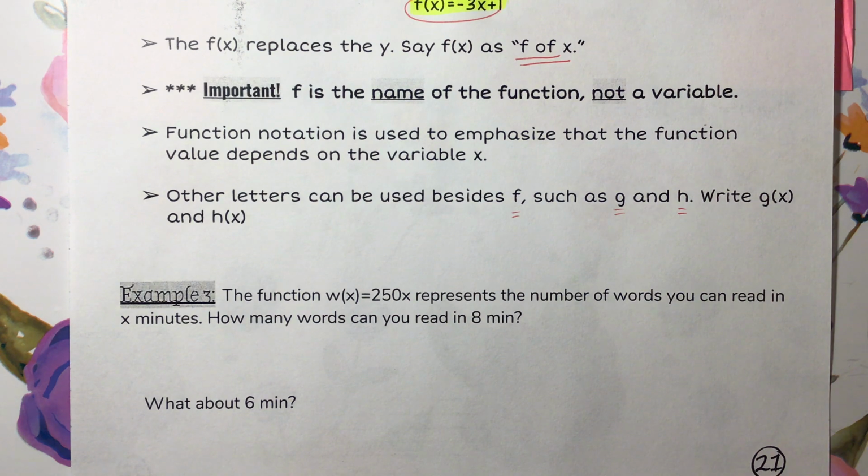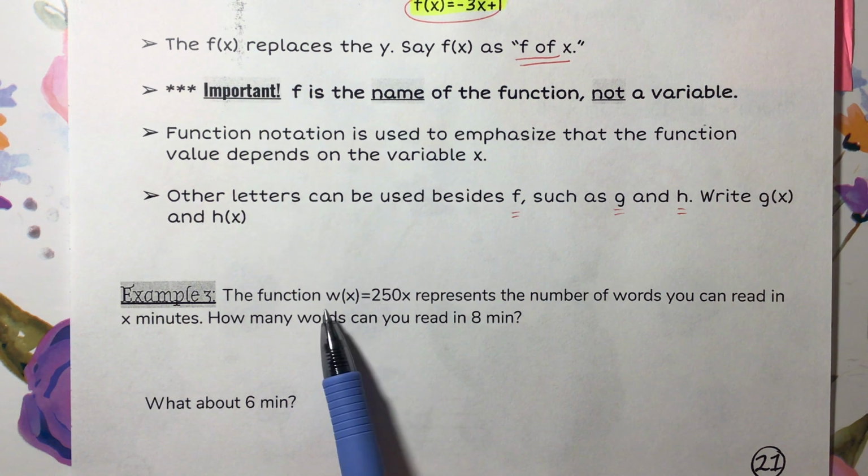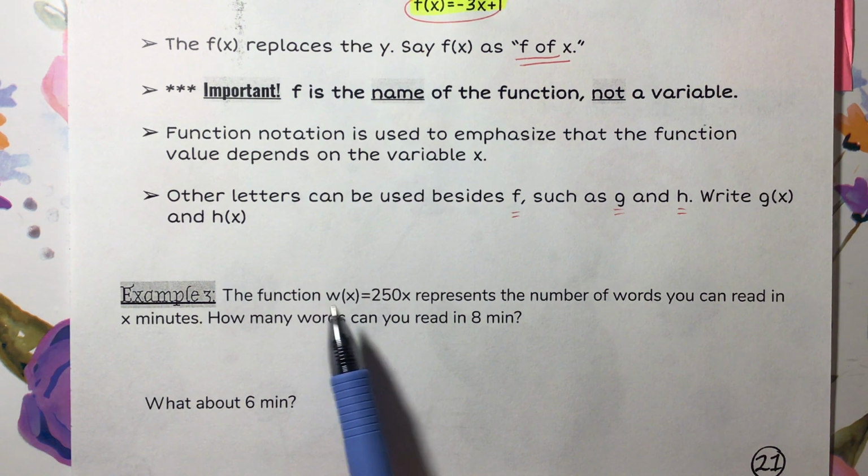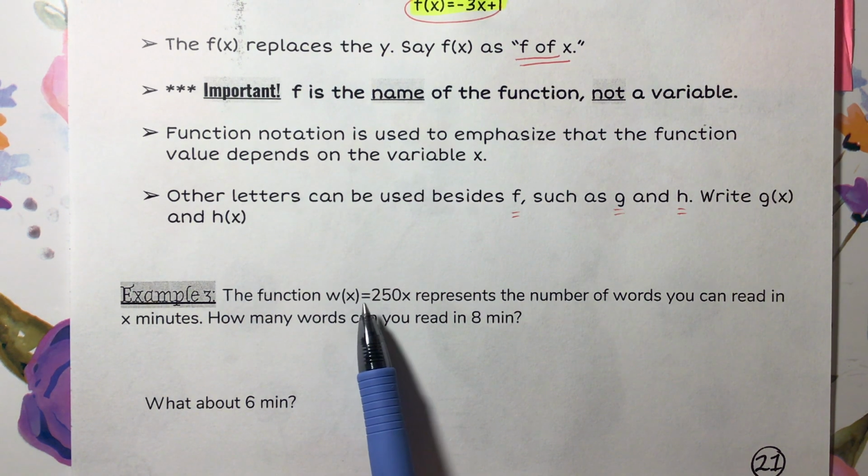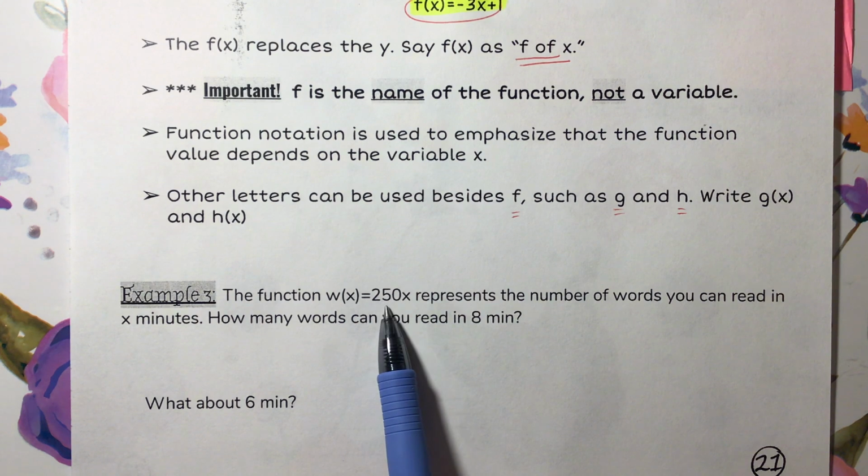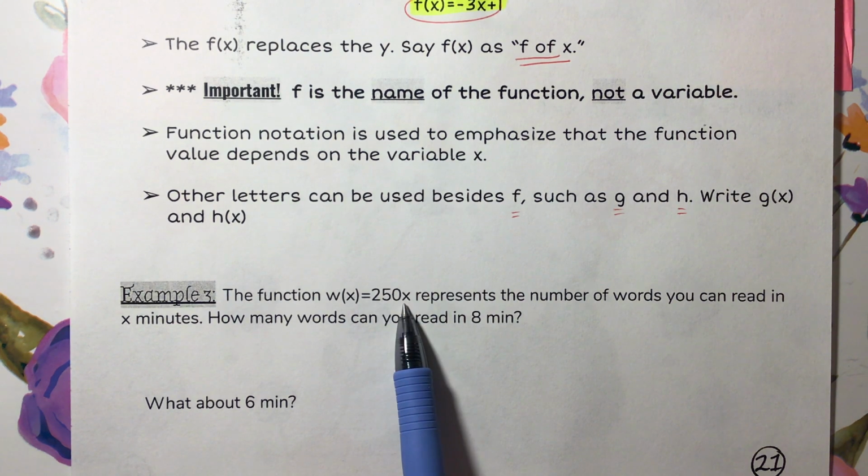So let's go ahead and look at example 3. It says the function w of x is equal to 250x represents the number of words you can read in x minutes. How many words can you read in 8 minutes? Basically, the amount of words you can read in a certain amount of minutes is equal to 250 words times that amount of minutes.